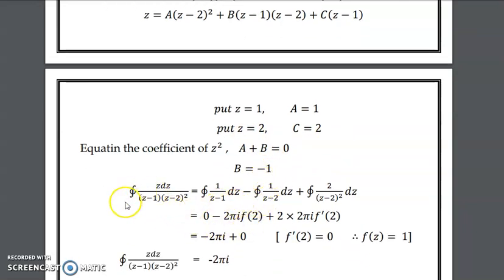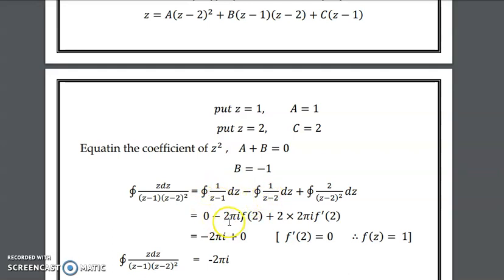So what is that? The integral of z dz divided by (z - 1)(z - 2) the whole squared is equal to the integral of 1 divided by (z - 1) dz minus the integral of 1 divided by (z - 2) dz plus the integral of 2 divided by (z - 2) the whole squared dz. Here this value is outside that circle, that means 0.